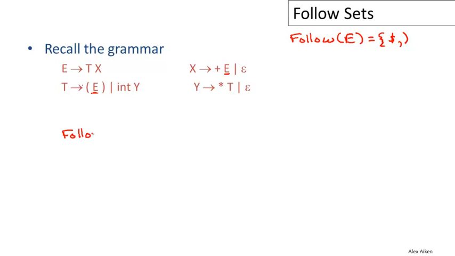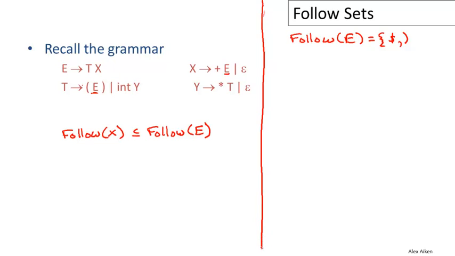This is just a property of the relationship that the follow sets will have when we're done computing them. This doesn't immediately tell us anything new that's in the follow of E, but as we go along and learn about things that are in the follow of X, we'll have to add them to the follow of E. And let me just divide up the slide here. We'll put our properties about the relationships between follow sets over on the left-hand side, and we'll put the actual follow sets over here on the right-hand side.